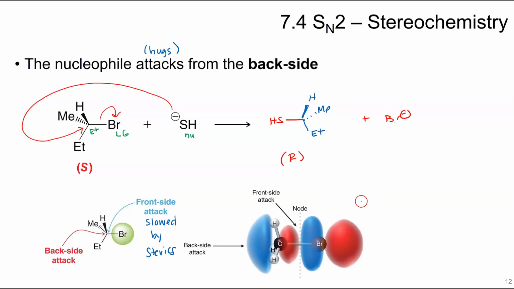If you tried to do a front side attack, it would be very difficult for that molecule to get in here because there's electron repulsion and also sterics. So if you recall, our nucleophile is negatively charged and the negative doesn't want to come in where it's already negative, and that's why it comes in from the backside, which is electrophilic.